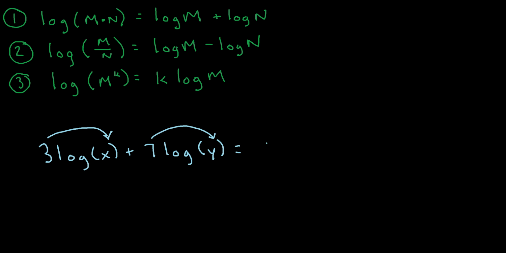So we could write log of x to the power of 3 plus log of y to the power of 7. And now let's look at rule number 1. We saw when we have log of m plus log of n, that can be rewritten as log of m times n.